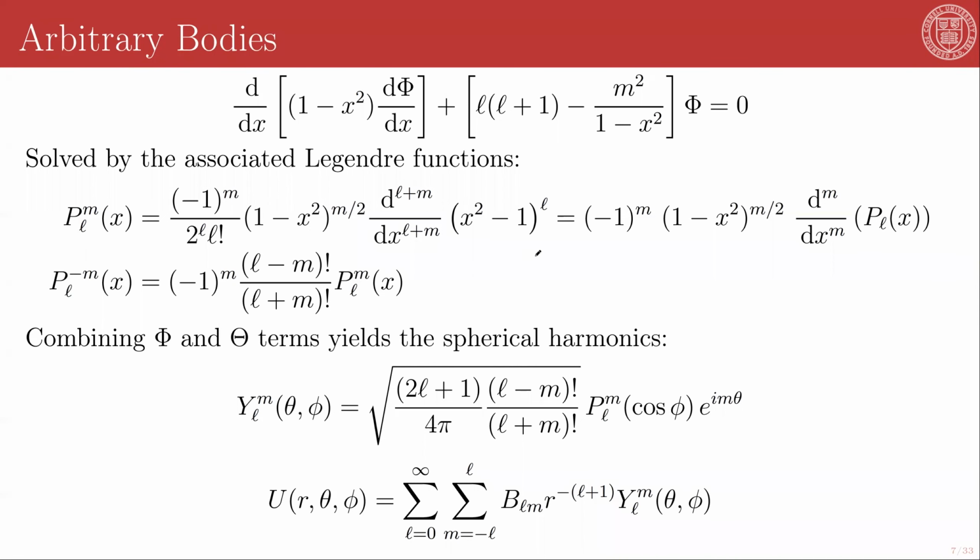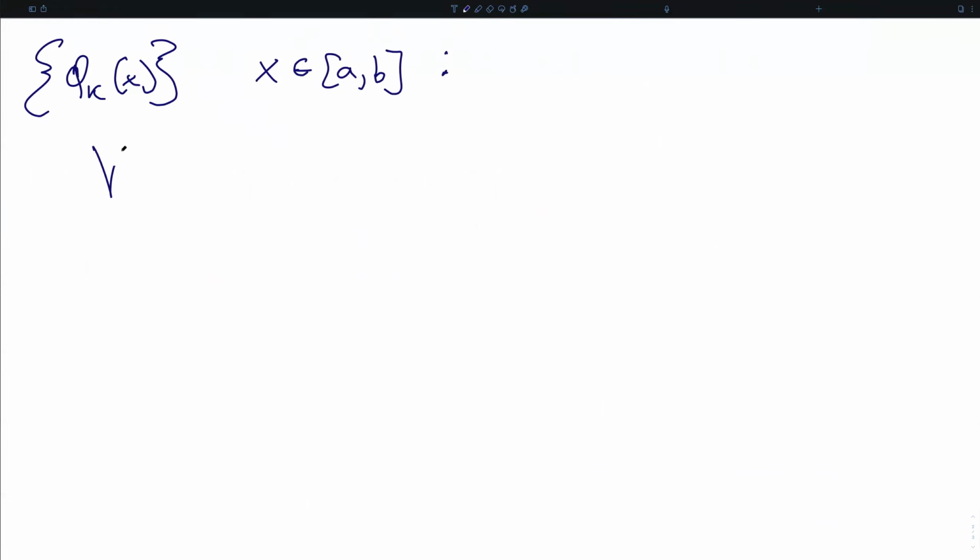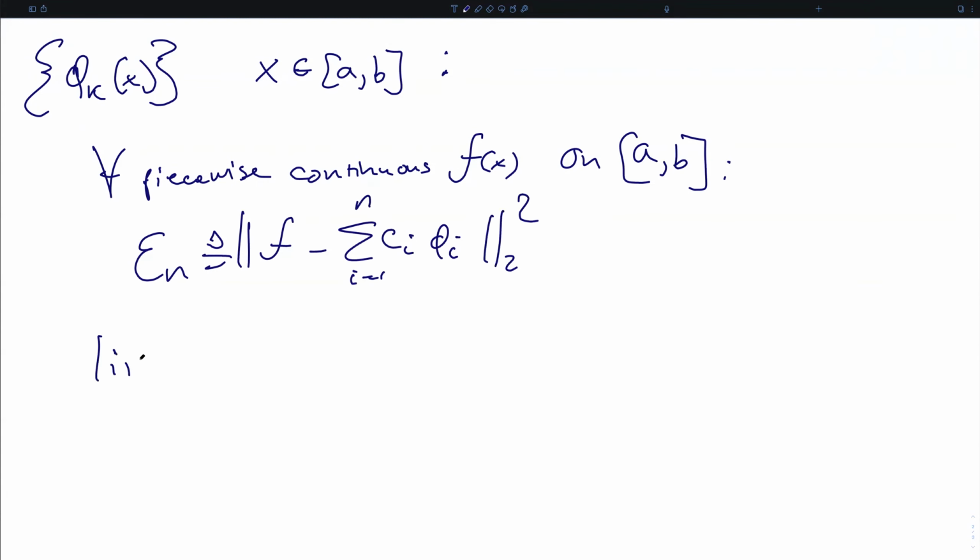What does that mean? If we have a set of functions, phi sub k of x, this set is complete over a domain x in A to B if for all piecewise continuous functions f of x defined on the same domain AB, we define an error epsilon sub n, which is the L2 norm squared of the difference between f minus the summation from i equals 1 to some value n of coefficients c sub i times elements of our complete orthogonal system.